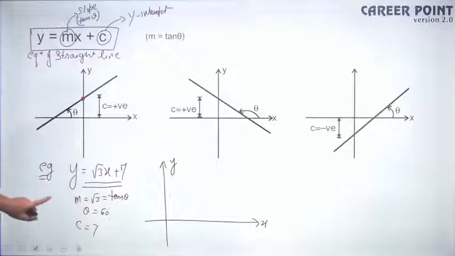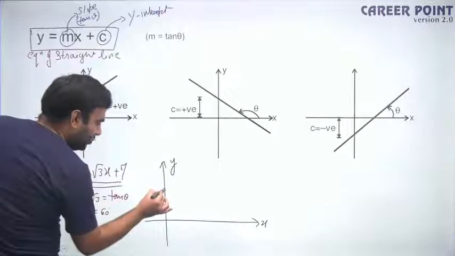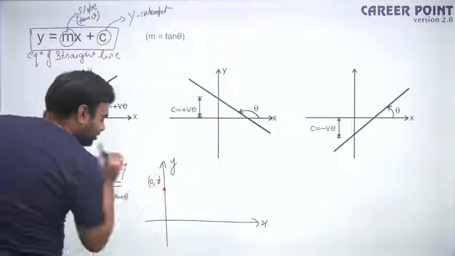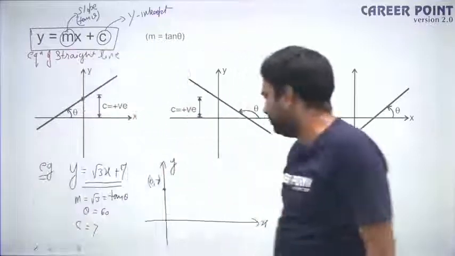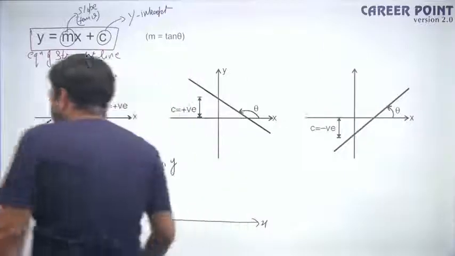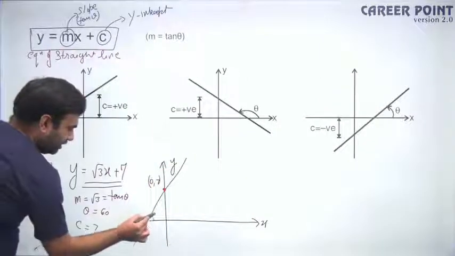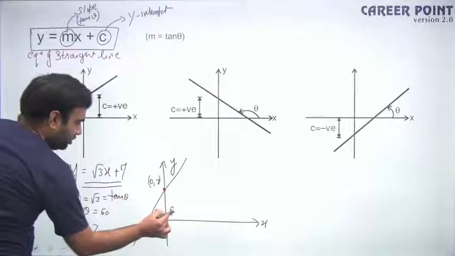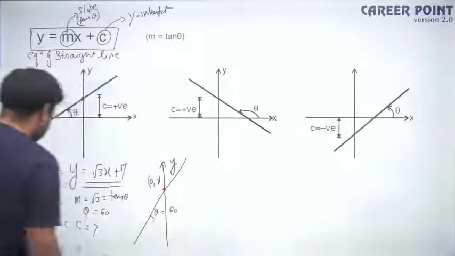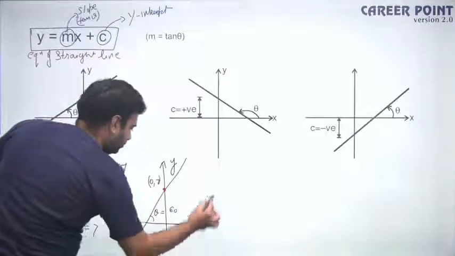Y-intercept is 7. That means this graph is going to cut y-axis at y-coordinate 7. That means this coordinate will be (0, 7). At this point, the graph will cut and it will make 60 degree in anti-clockwise direction from x-axis. So graph will be like this. And this theta will be equal to 60 degree. So this is how we are going to draw the graph if we know the equation. And it is very simple.